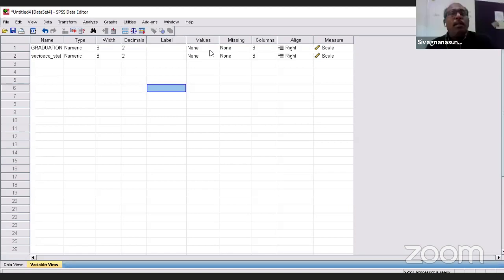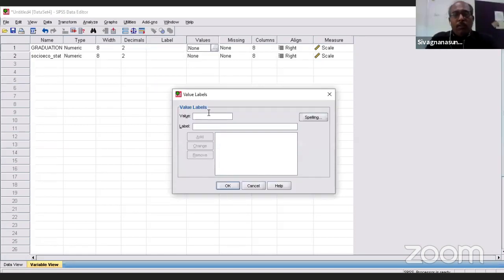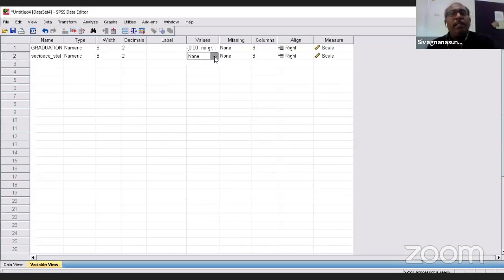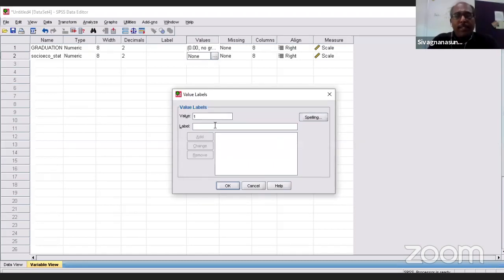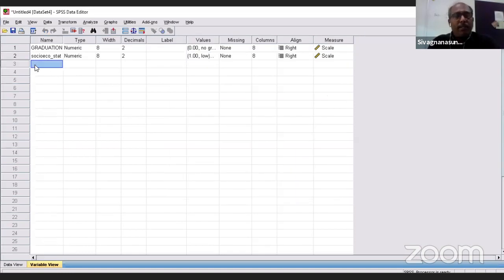For graduation, I can give values 0 as no grad, 1 as yes grad, since he is a graduate. Similarly, socioeconomic status 1 as low SES, 2 as high SES. And I need another variable, a third variable, count.